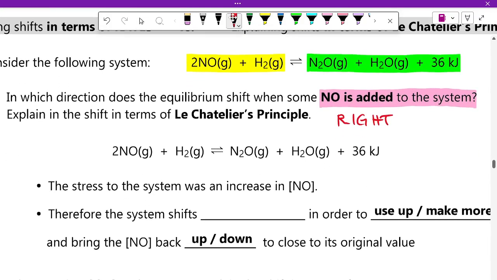Okay, so the stress to the system, this is what we did. What we did was an increase in NO. Therefore, the system is going to try to decrease NO. So the system is going to shift to the right.